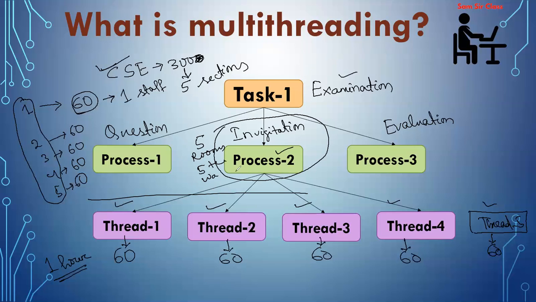Now process 2 has divided itself into a number of threads or sub processes, and all threads share the same resources allocated to process 2. They are not getting any extra resources as per their requirement; whatever resources are allocated to process 2 are shared by all the threads.